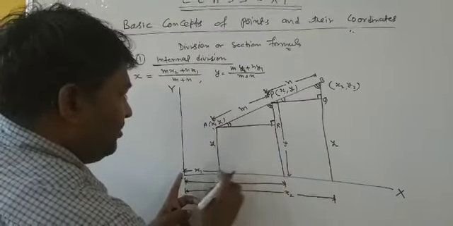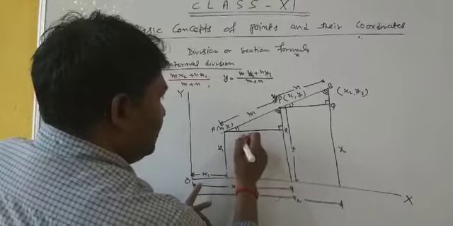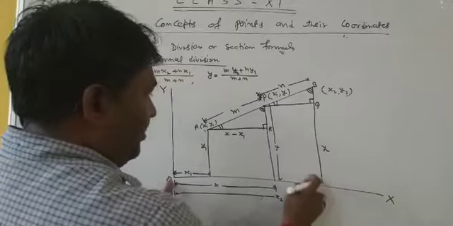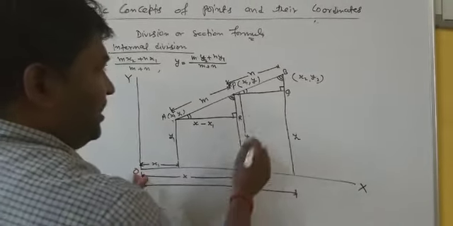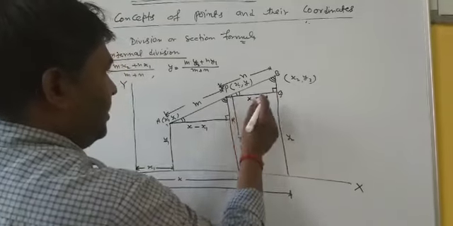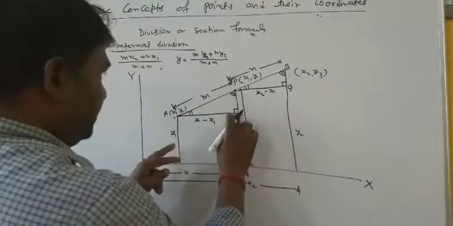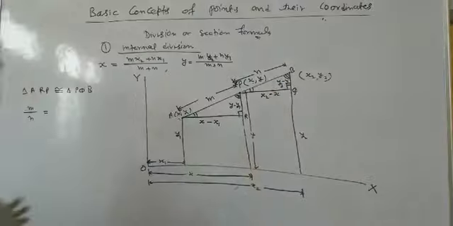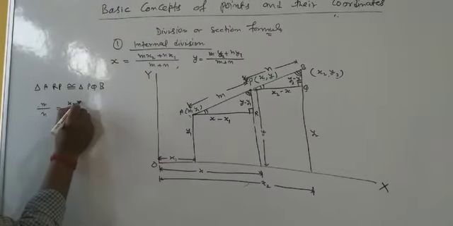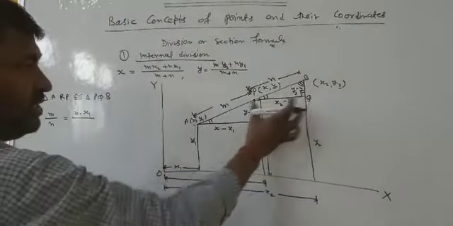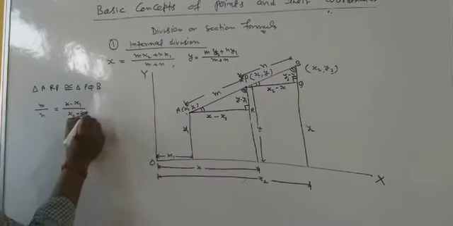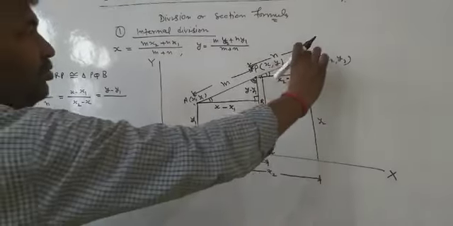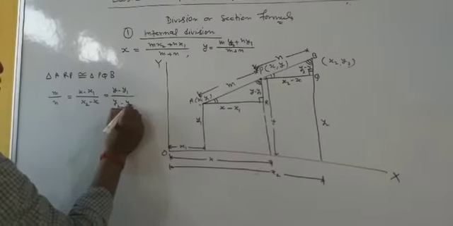This length is x minus x1, and the other is x2 minus x. Similarly, this is y minus y1, and here it is y2 minus y. Thus we can write m by n equals x minus x1, the base of this triangle, upon x2 minus x, the base of that triangle. Similarly for the perpendicular, y minus y1 upon y2 minus y.